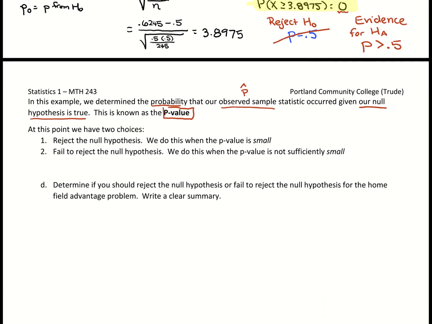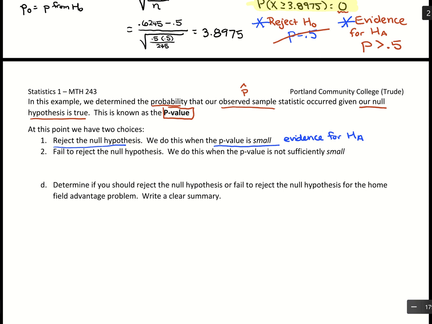So we'd have two options. When the p-value is small, that's when we reject that null hypothesis, which we did up here: reject the null, and we have evidence for the alternative. So that falls through too. Evidence for the alternative.